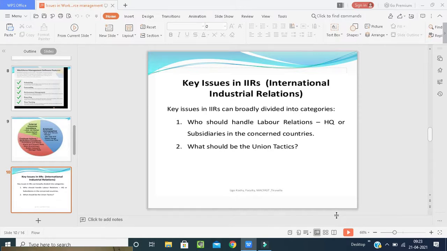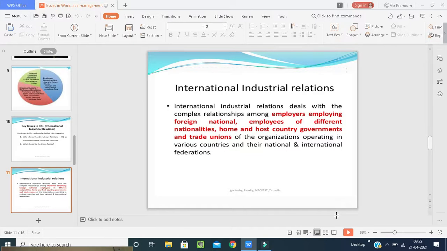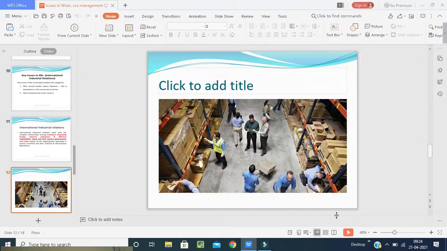International industrial relations deals with the complex relationship among employers employing foreign nationals, employees of different nationalities, home and host country governments, and trade unions of the organizations operating in various countries and their national and international federations. Nowadays, in the international market, there are employees from different countries with different percentages and different tactics. All these things take place in international industrial relationships.